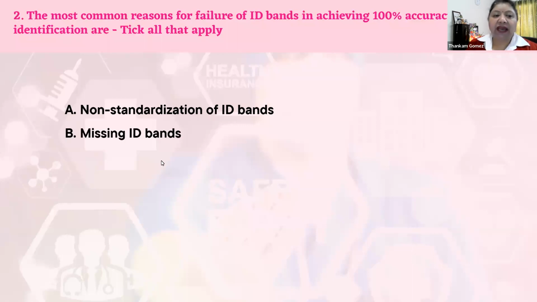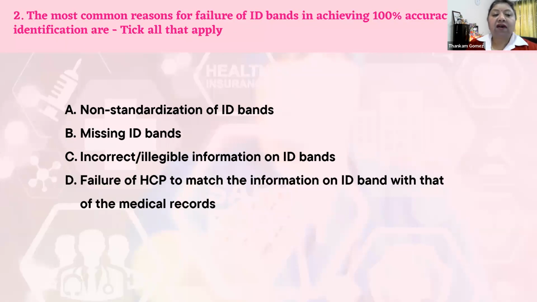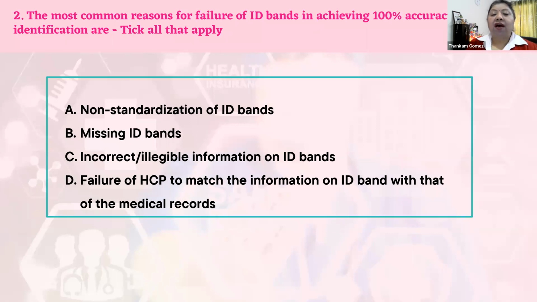So, let's see what could be the common reasons: non standardization of ID bands, missing ID bands, incorrect or illegible information on the ID band, failure of healthcare provider to match the information on ID band with that of the medical records. Answer: all of them, because I'm sure the ID bands are not standardized across all hospitals.